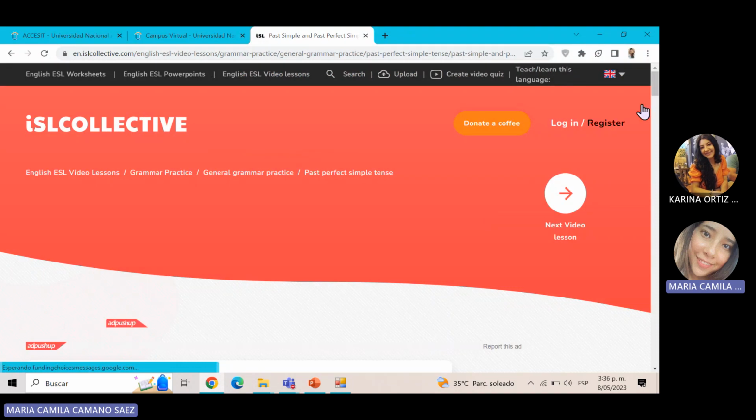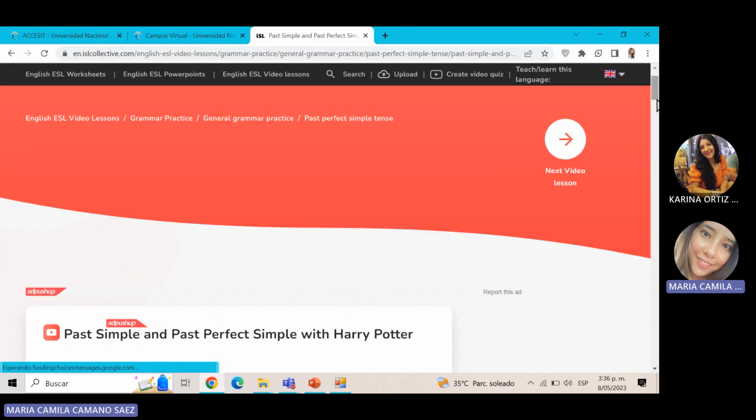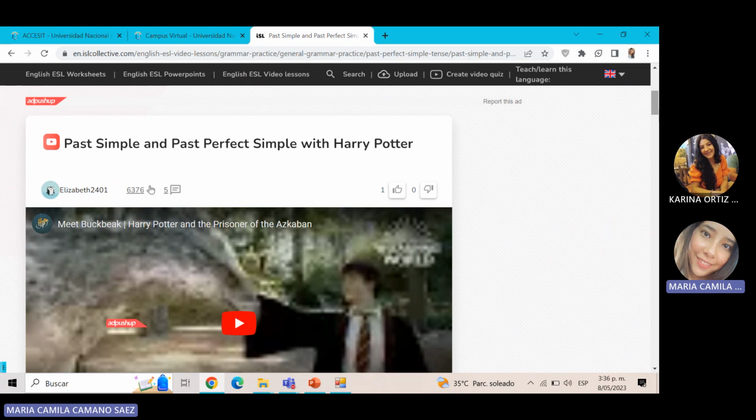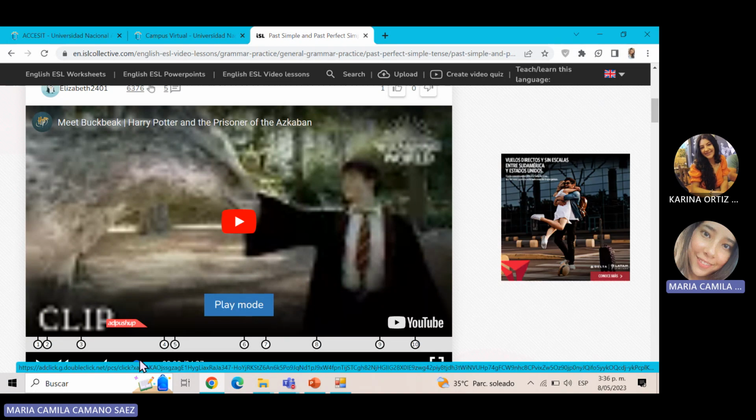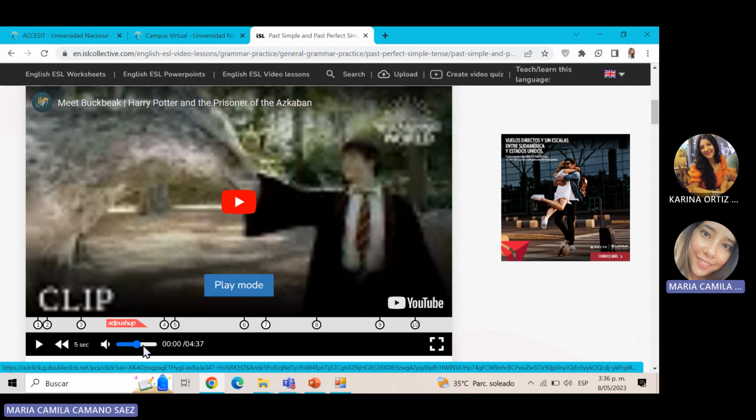Okay, I have read the books like 3 or 4 times, and I watched the movies so many times that I can't remember. In this case, we have the third movie, Harry Potter and the Prisoner of Azkaban. So let me play this game.